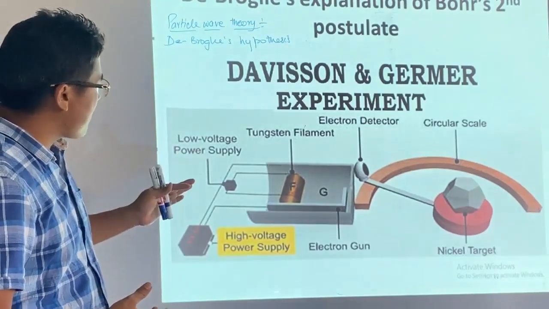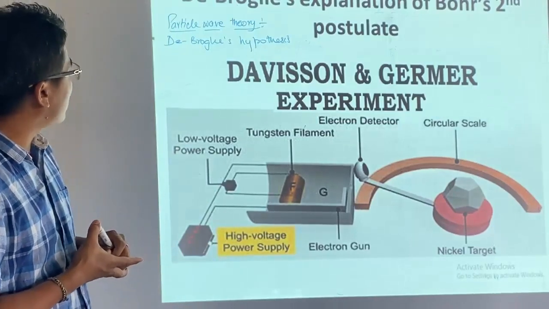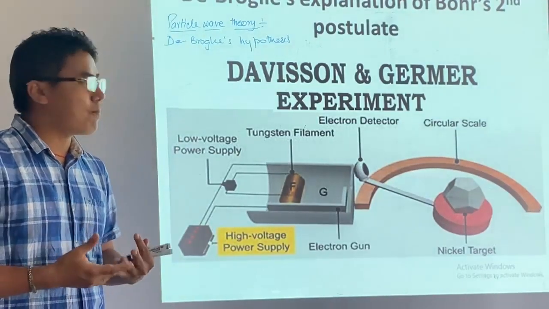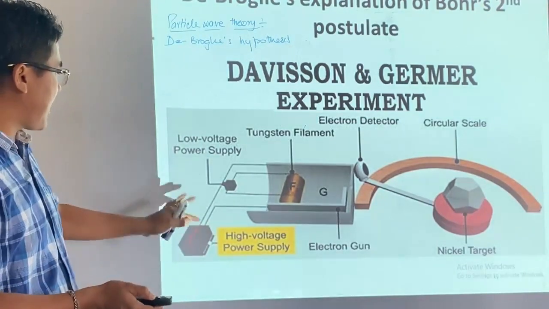So therefore de Broglie was awarded the Nobel Prize. This is the Davisson-Germer experiment, and this is the experimental setup.